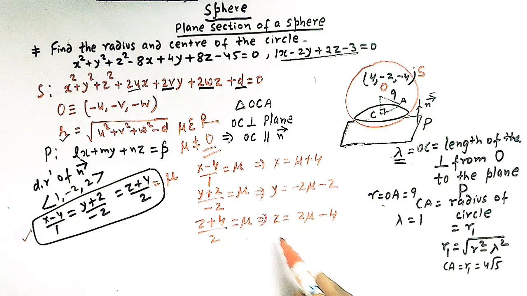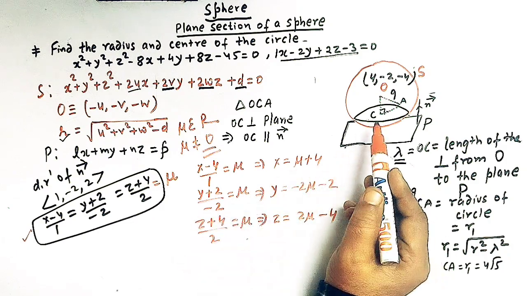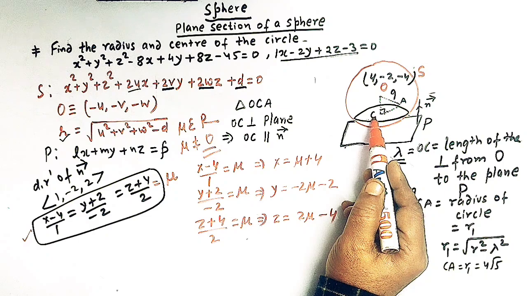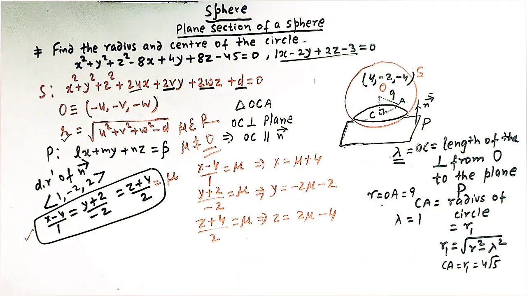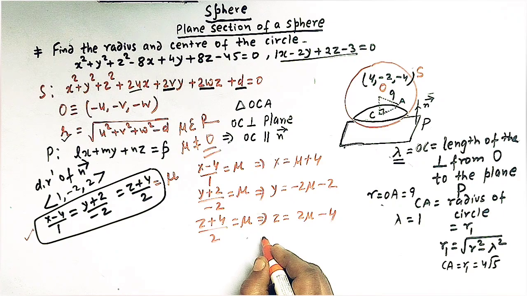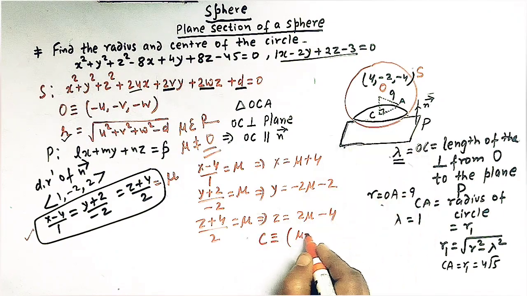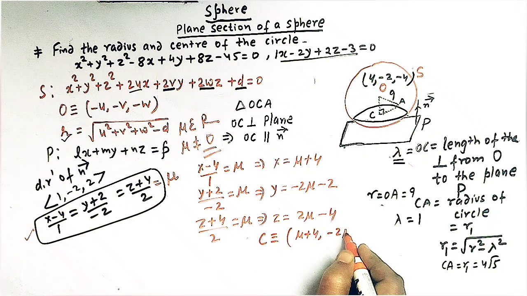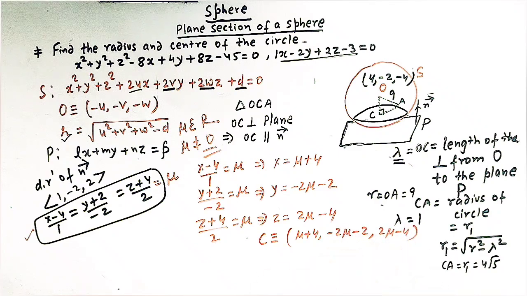So now we need to find out the value of mu so that we can get the coordinates of this point C. For some value of mu, the coordinates of the point C may be written as (mu plus 4, minus 2 mu minus 2, 2 mu minus 4).